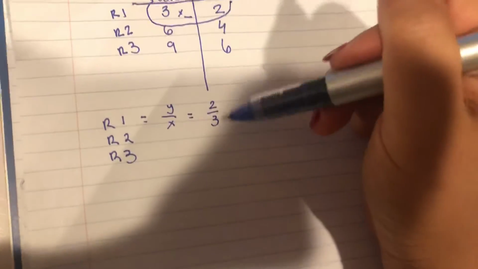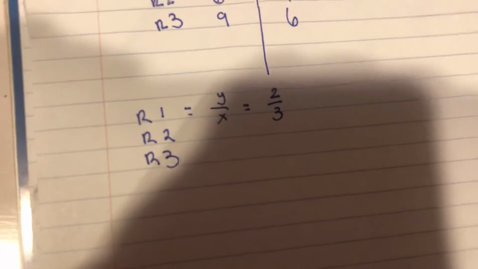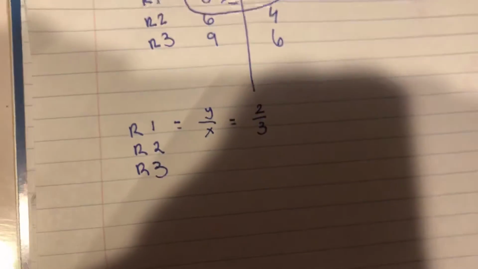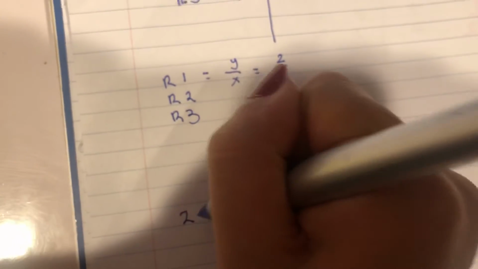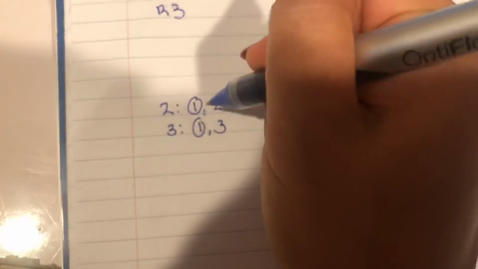Now, the other thing in the CFS says to simplify, but I can't simplify 2/3 any more than what it already is. And the reason why is if you look at the factors, like we talked about yesterday, the factors of 3 and 2 are 1 and 2, and 1 and 3. The only common factor between them is 1, which means I can't simplify this any further because anything divided by 1 is itself.